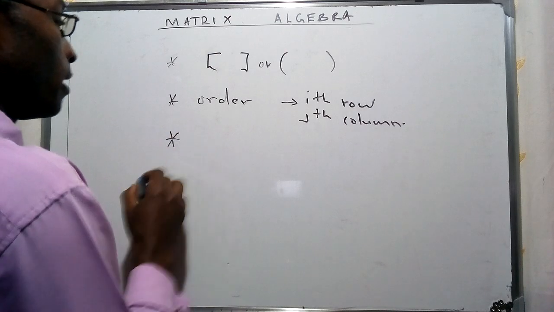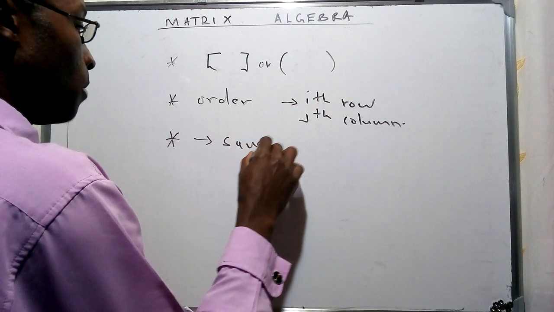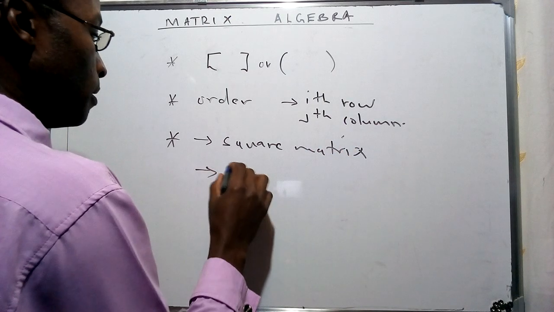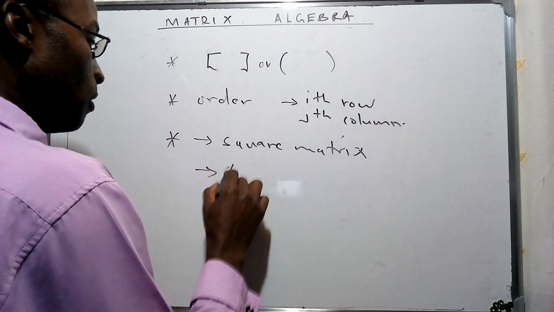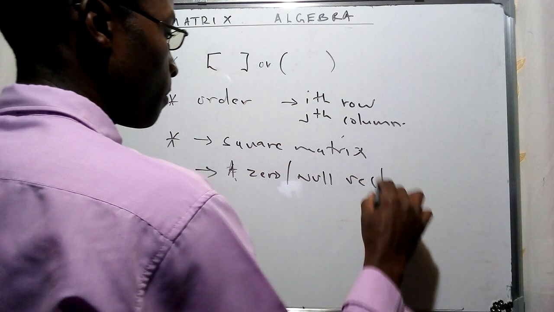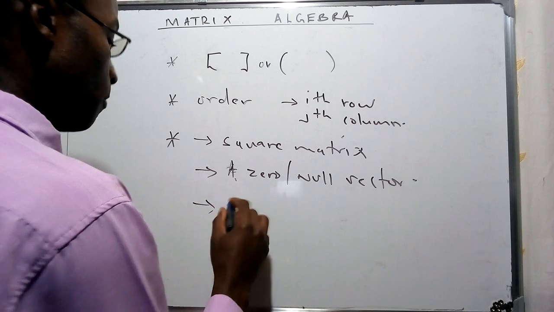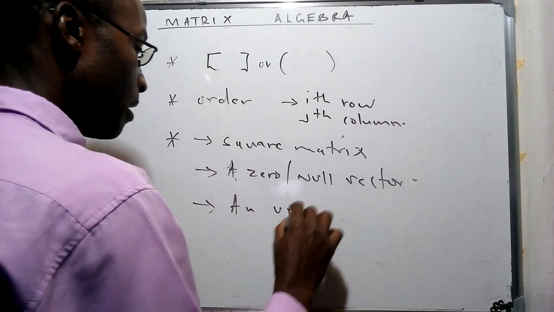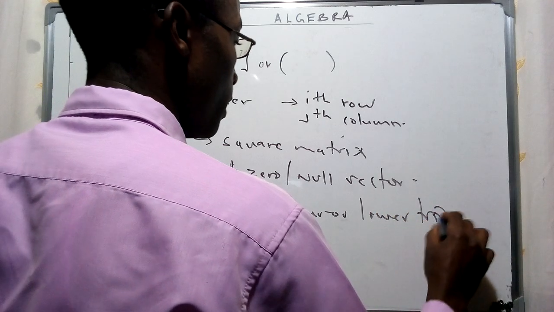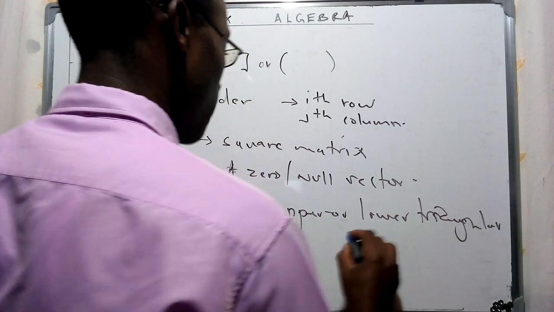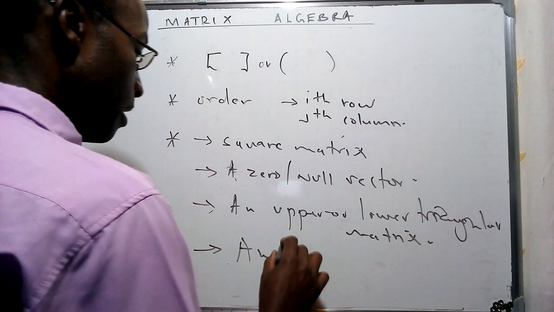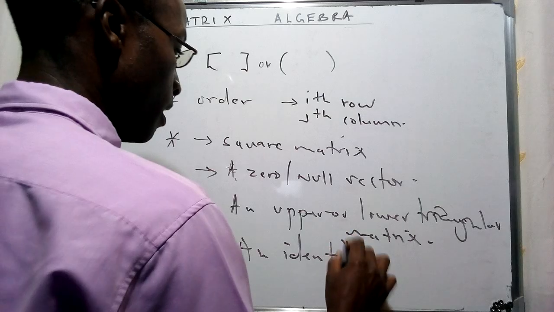So we said that we can have different types of matrices ranging from a square matrix, and then a null or zero vector, and then an upper or a lower triangular matrix, whose special case is the identity matrix, which we gave in terms of an example.